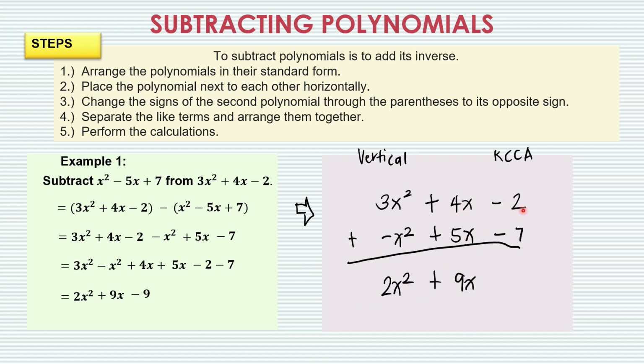And then combining these two, we have negative 2 plus negative 7, same sign, add and keep the sign, we will have negative 9. Do we come up with the same answer? Yes. So whether you use vertical or horizontal format of computation, you will still come up with the same answer. But make sure that you already know its steps.